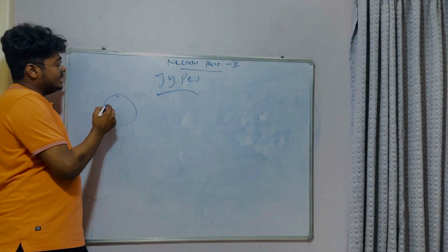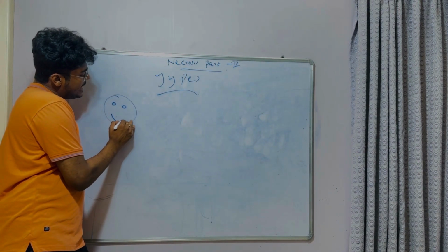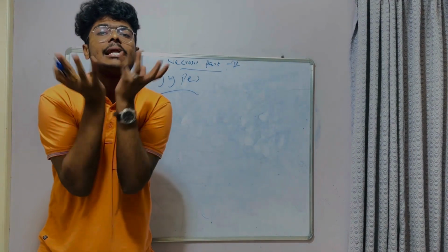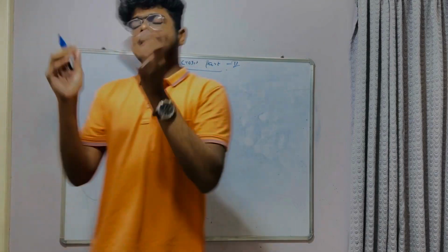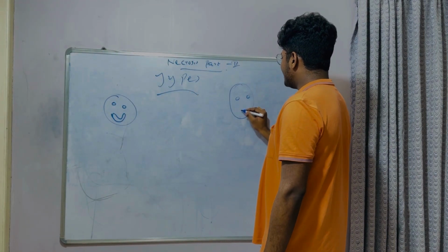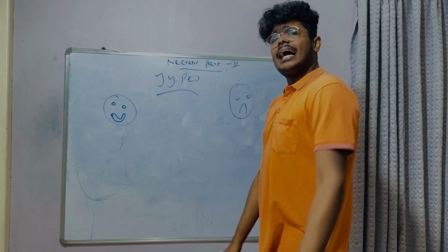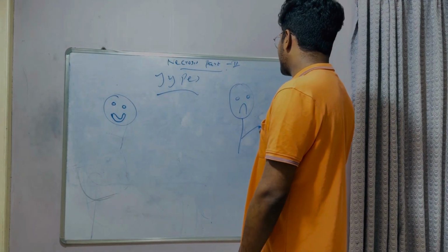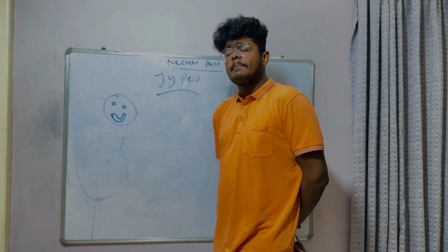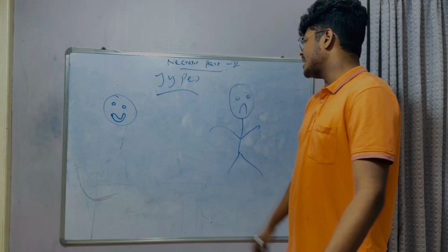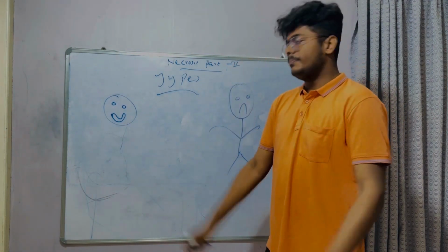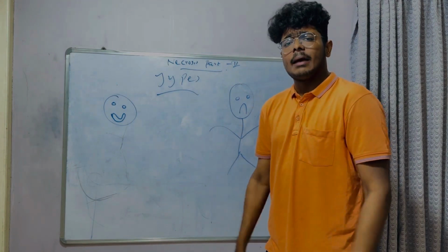One happy cell is living happily, a smiley face. And one angry devil person. We always have such kind of people in our lives also, right? There are many persons in our society who love harming the happy people.